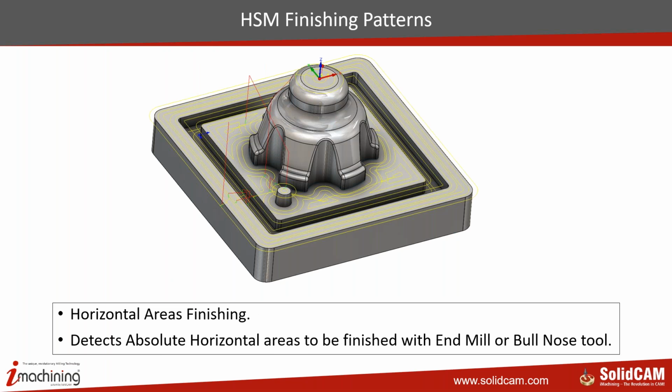Then we have the horizontal finishing we are going to see in this part, where the generic HSM software automatically will detect all those areas that are absolutely flat and machine only those areas where the geometry is absolutely flat. Automatically, user need not define anything.